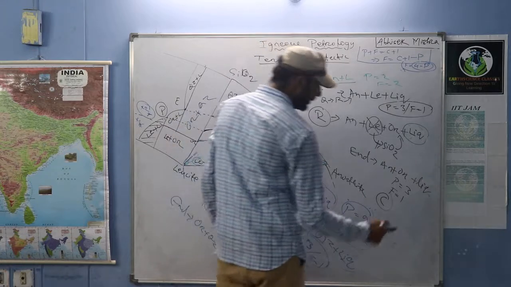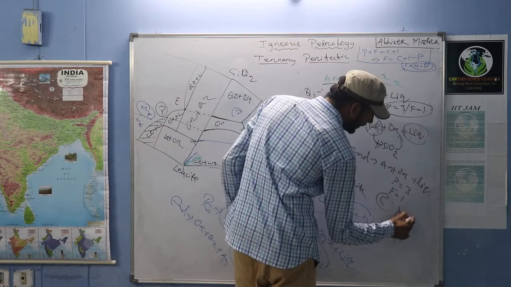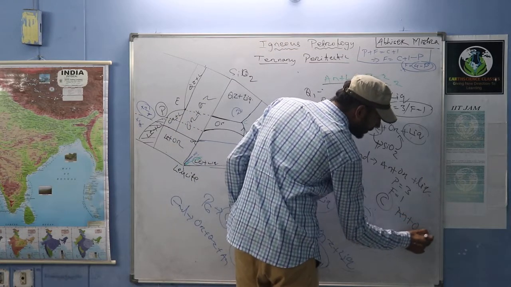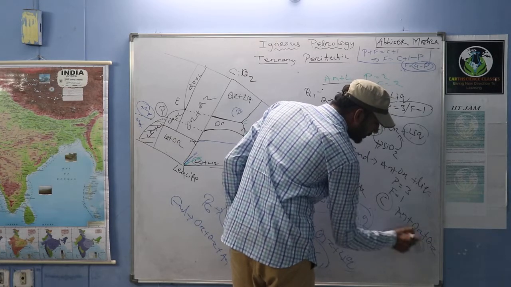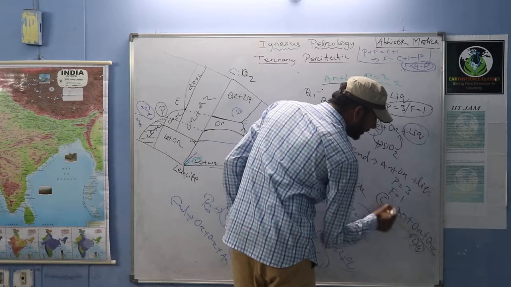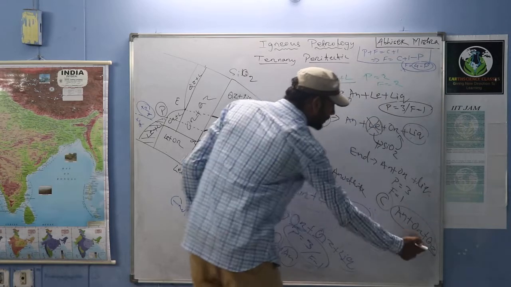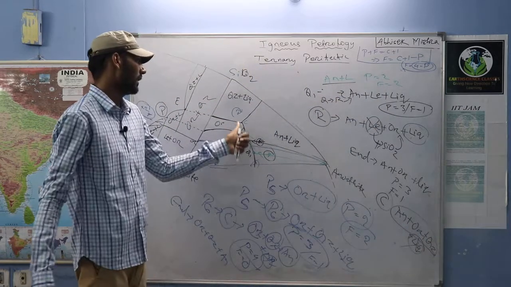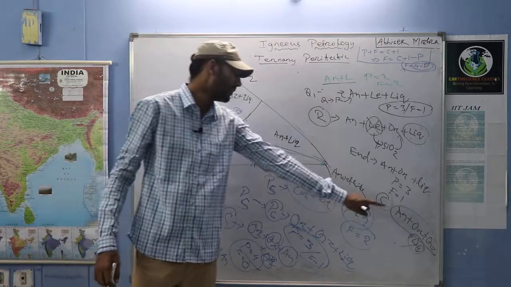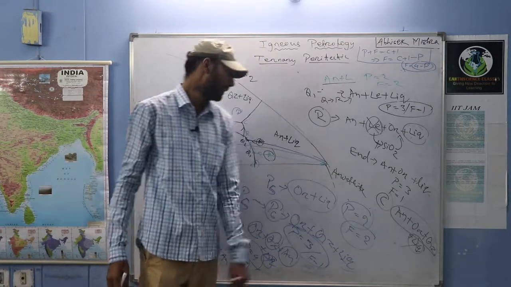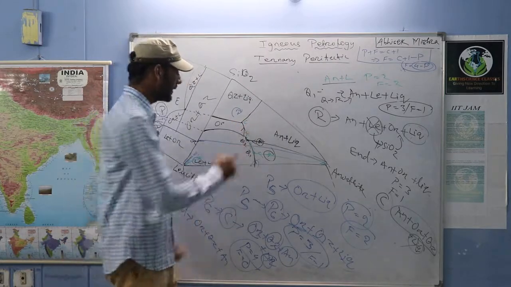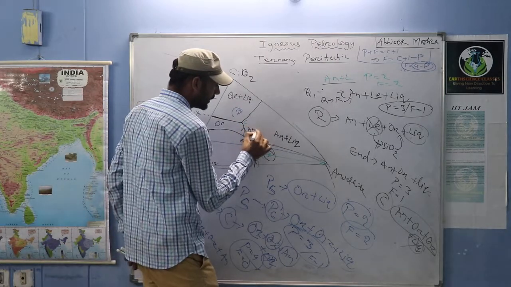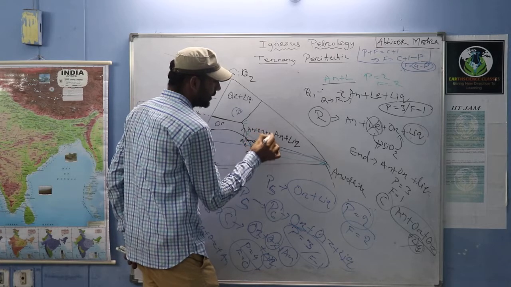At endpoint C, you are finding anorthite plus orthoclase plus quartz plus liquid, and the liquid will be finished. At the endpoint you are going to find anorthite plus orthoclase plus quartz. From R to C you are getting anorthite plus orthoclase plus liquid.